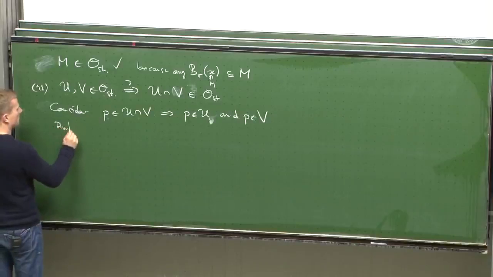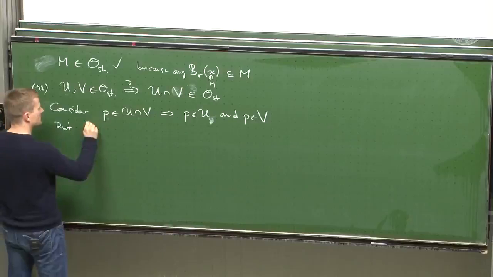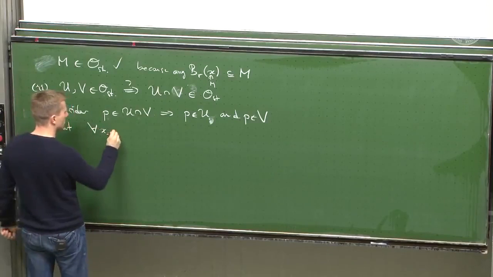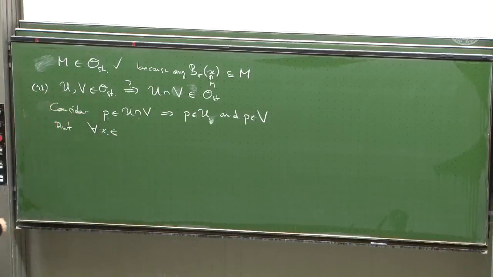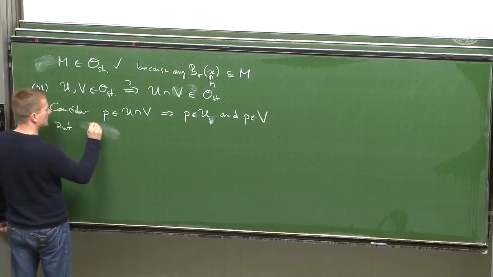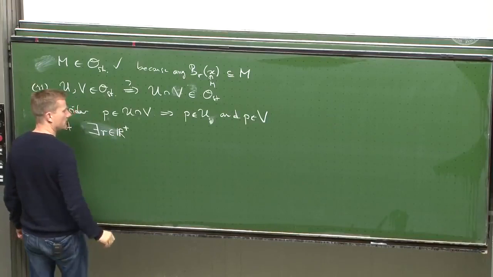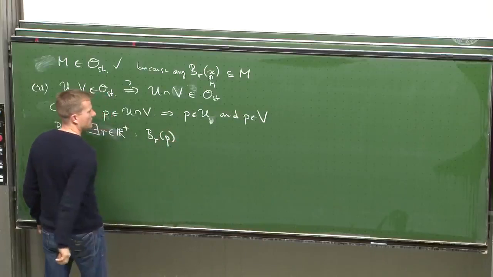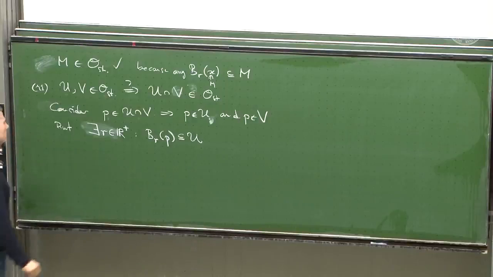But then, because P lies in U and U is an open set, I know there exists an R, a positive real number, such that the ball of radius R around this point P lies entirely within U, because U is open.